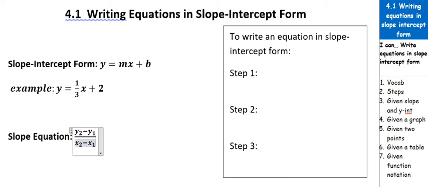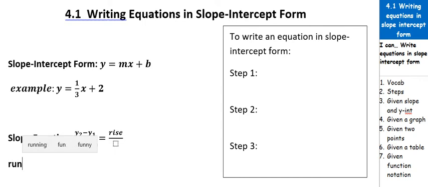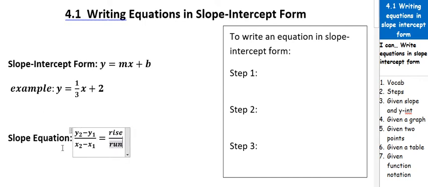It might be a little confusing for now, and we'll talk about it. But really what this translates to is the rise over the run. That's rise over run. This is our slope equation.